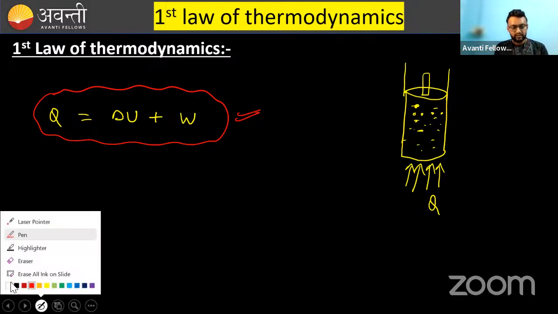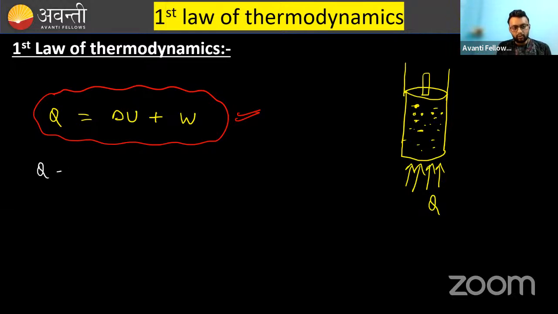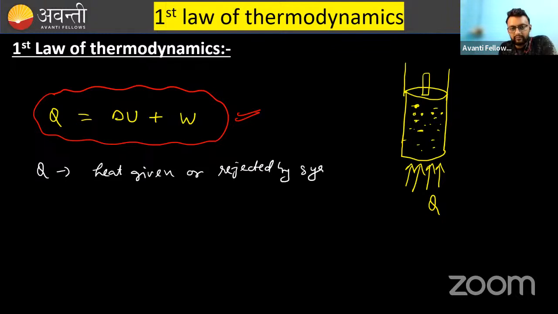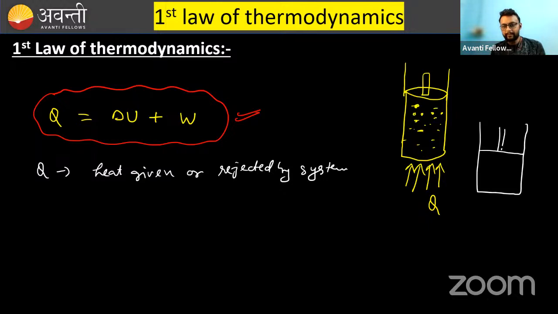So I will mention a few things here. Q is what? Heat given or rejected by the system. Someone might say that you explained that heat is given. There might be a situation, listen to me, where you compress this system in the downward direction.